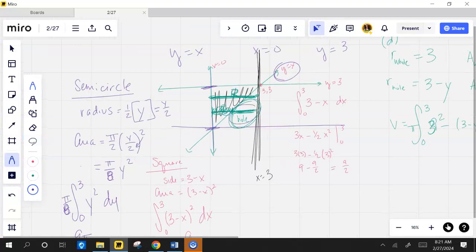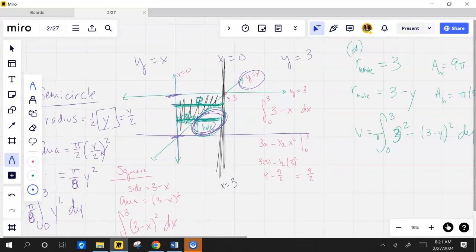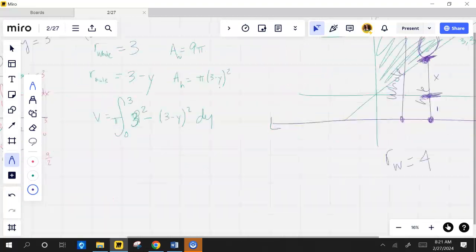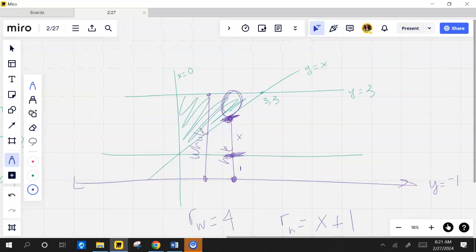So this one, because I subtracted, I'm going a different way with this one. This distance was 3, right? This distance is all the way across, so 3 minus from here to here, which is the y. So same thing, but I flipped around. I'm going the other way. Does that make sense? Y'all are looking like it doesn't make sense.